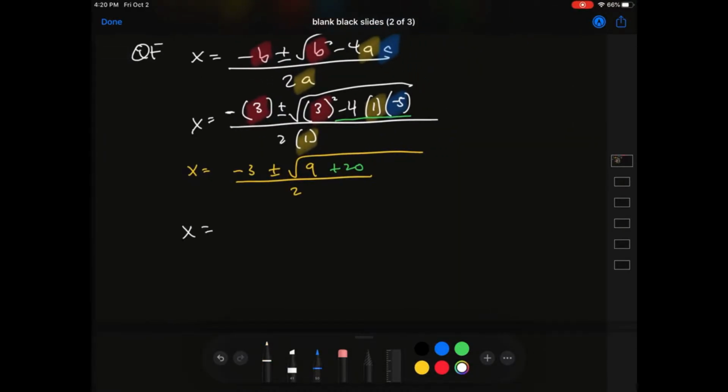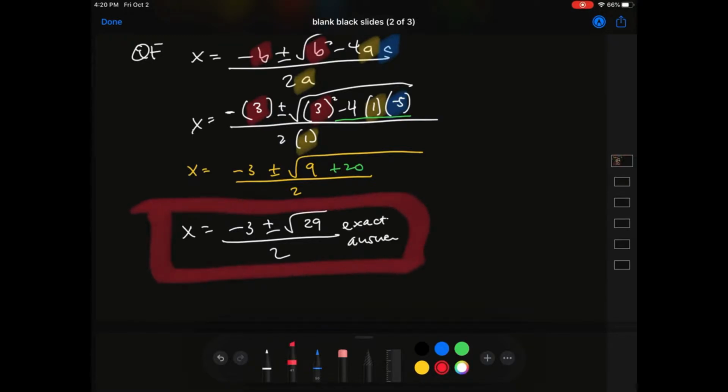So x equals negative 3 plus or minus the square root of 9 plus 20, which is 29, all divided by 2. Now this problem doesn't tell us to use decimals, so we'll keep it as an exact answer. Let's just keep that as our final answer.